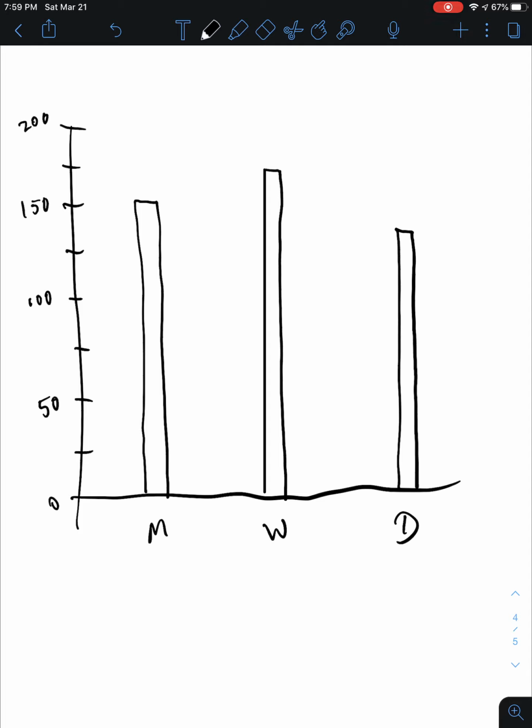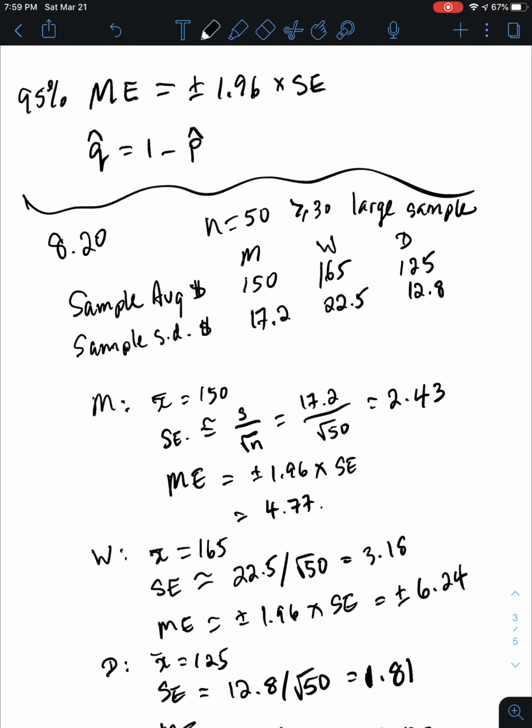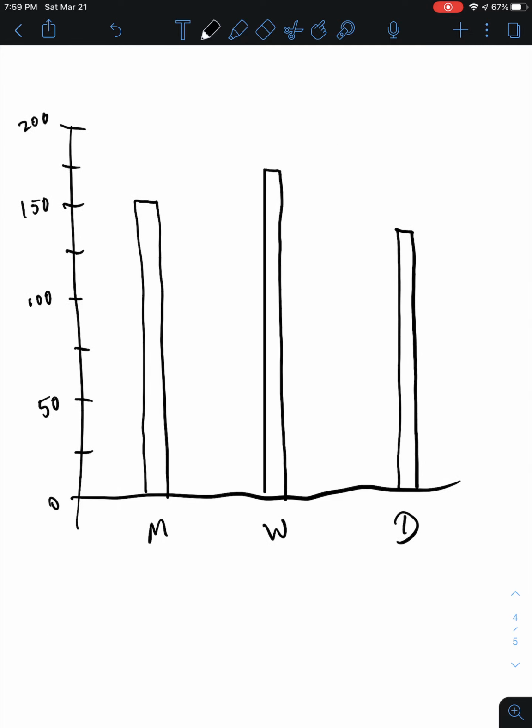But with my new technology here, the margins of error, I can give a pretty good estimate of where the actual mean is. So remember, we're looking at plus or minus 4.77 for the margin of error. So it's about 5. I'm going to go plus or minus 5 or so.